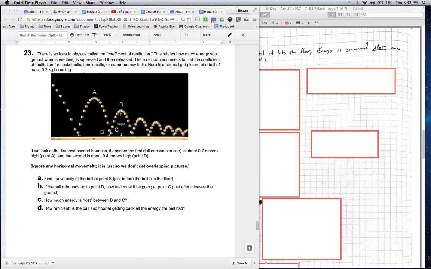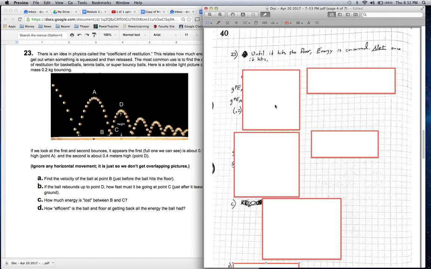Ignore the horizontal movement. That just makes it so that we don't have overlapping stuff. As we look at this, we know that energy is conserved until it hits the floor, like from A to B, but we're not so sure between B and C. Because it only goes up a part of the way, we are pretty sure that energy is not conserved between B and C. If it was, then the ball would bounce just up to the same height as it did at A and continue to do that along the way.